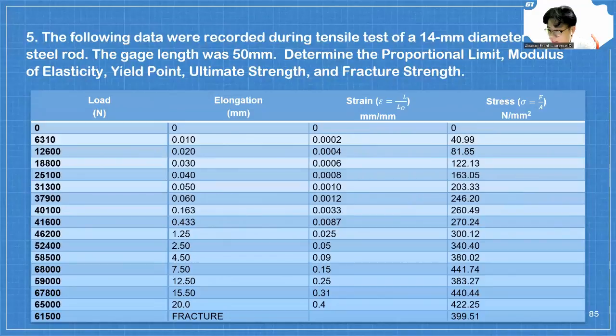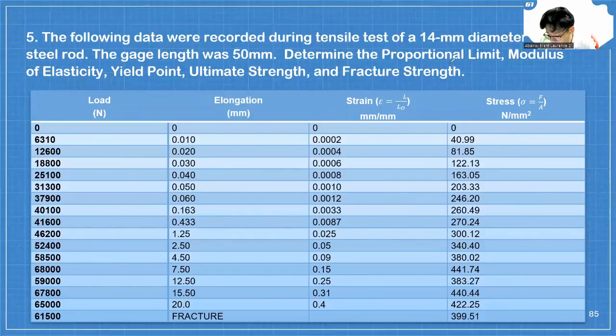Next, ang hinahanap is modulus of elasticity. This is just basically the slope of our stress strain curve. Kumbaga, kung tayo mag-graph pa ng ating diagram, ito yung ating stress, ito yung ating strain, this is just the measurement of the slope. Pero since na may data na tayo, we could easily get our modulus of elasticity.